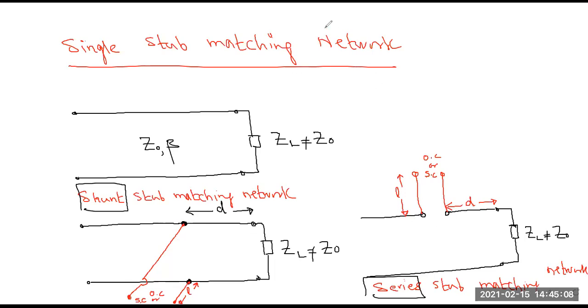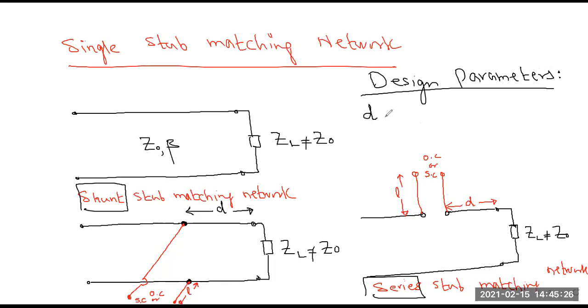So what are the design parameters? As a designer of a stub matching network, what are the important parameters that you need to find out? The first parameter is D, which is the distance of the stub, and our reference is the load, so the distance of the stub from the load position.